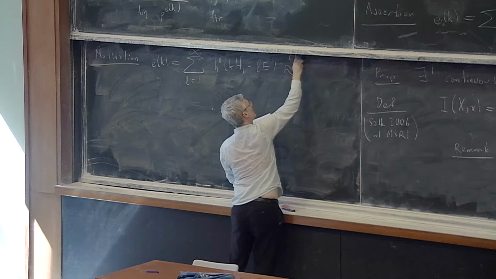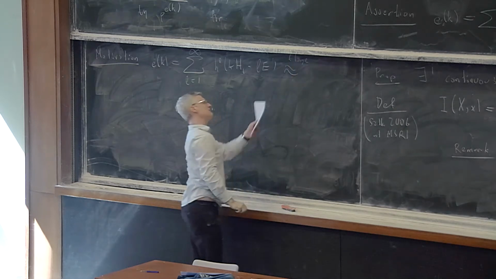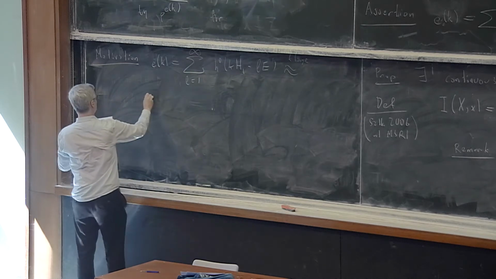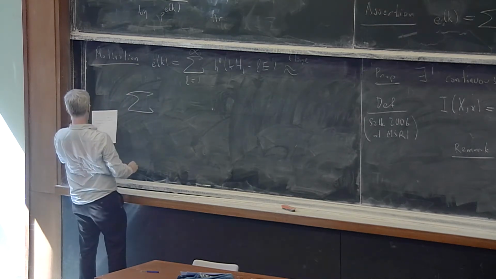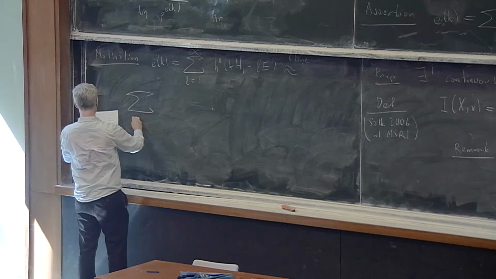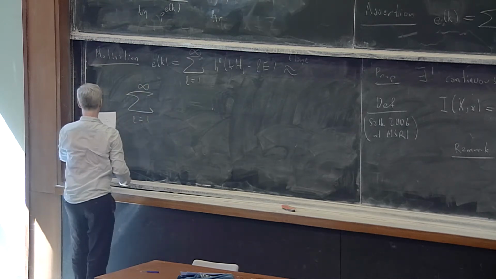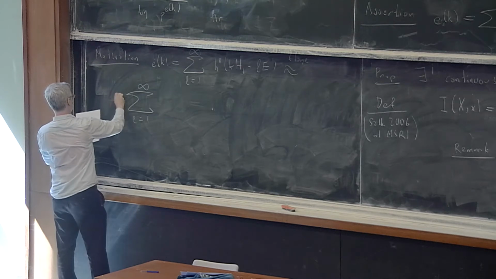So if now you say that K is large, if you now remember the definition of volumes, then this should be equal to the sum where L goes from 1 to infinity of, and then you will have K^r times r factorial.